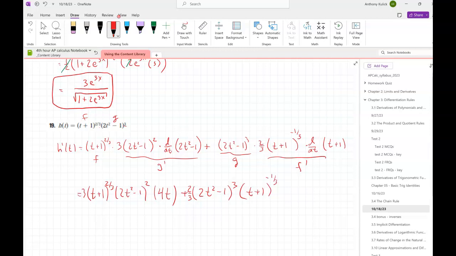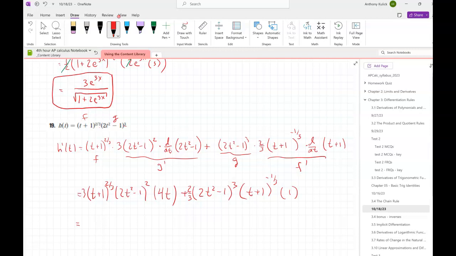And the derivative of t plus 1 is just going to be 1 plus 0. So there's an answer. Calculus is done.